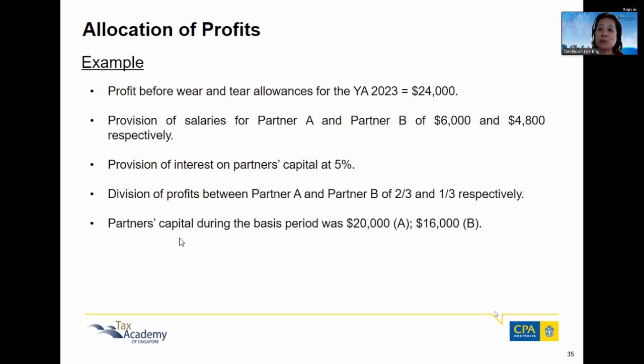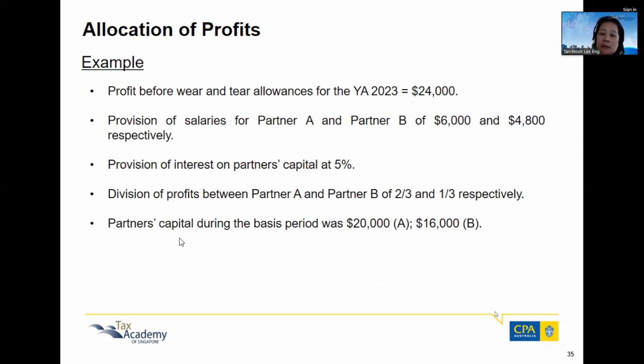As I said, an example is always good, because it will give you a better understanding of how to do things, and especially for this, you will see how we're going to allocate the profits from the partnership. So we have an adjusted profit of 24,000. Then we have salaries to partner A and partner B. There are only two partners in this partnership.